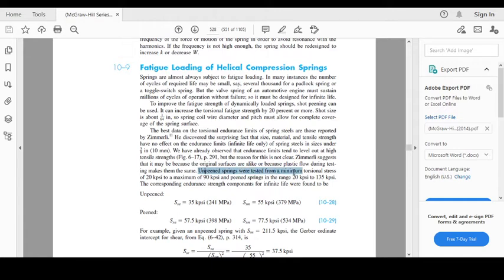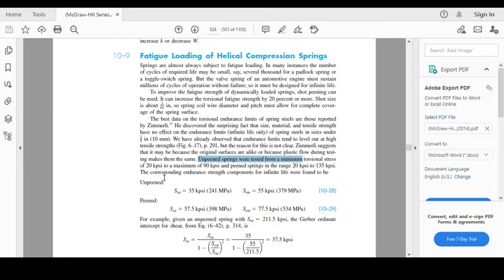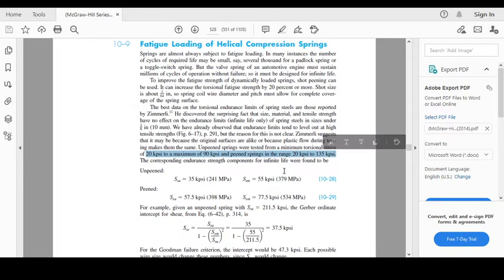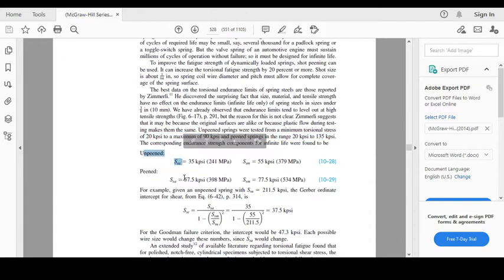Unpeened springs were tested from a minimal torsional stress of 20 kpsi to a maximum of 90 kpsi, and peened springs in the range of 20 kpsi to 135 kpsi. So the unpeened surface is like this.